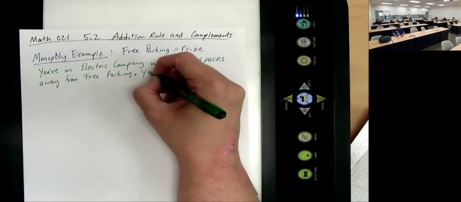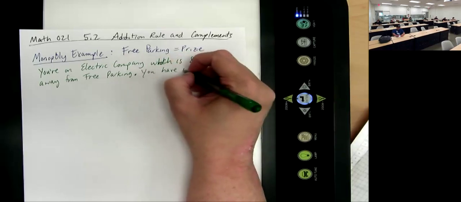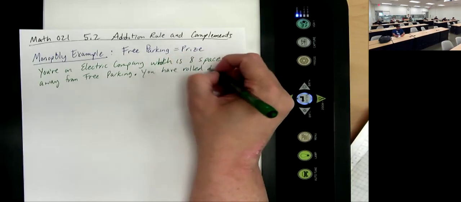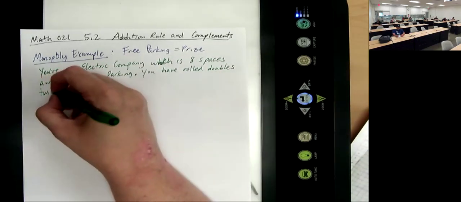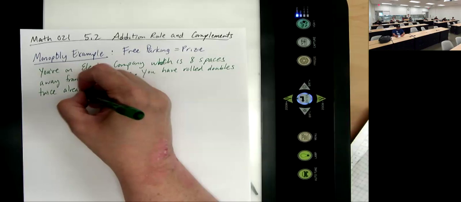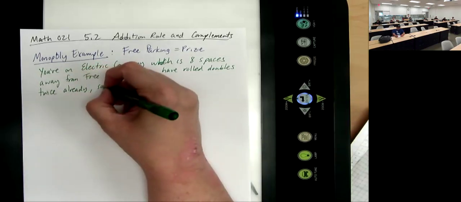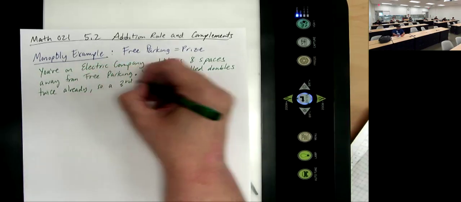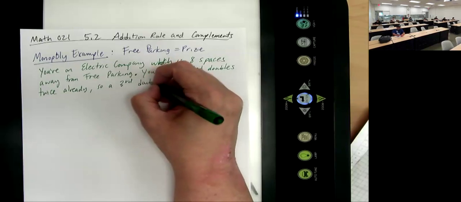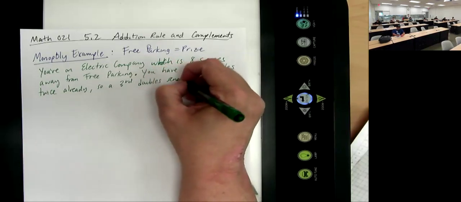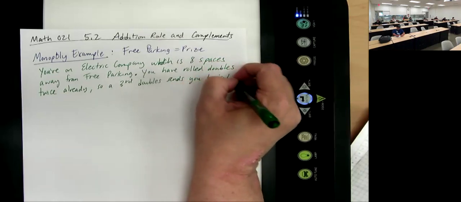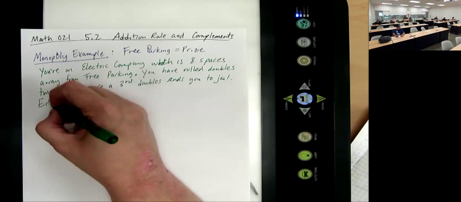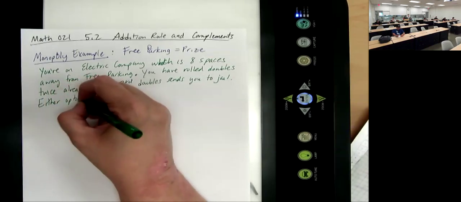You have already rolled doubles twice, so a third doubles would send you to jail. Either option sounds great to you because you're losing.